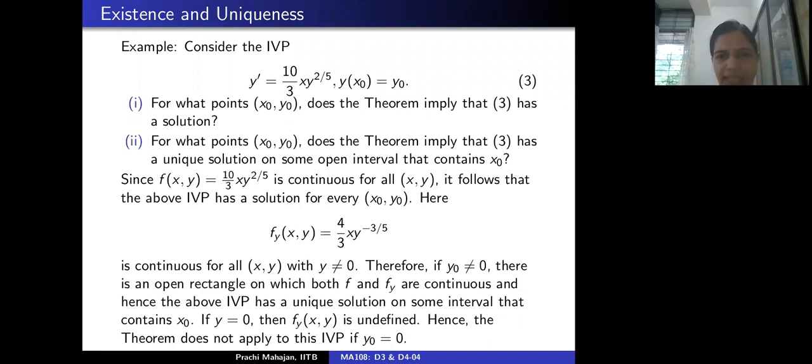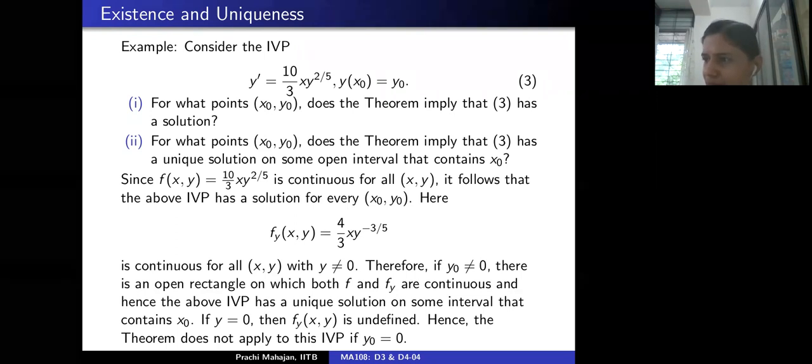What is it? If you do the calculation, it turns out to be 4 by 3 x y to the power minus 3 by 5, right? Evidently, the partial derivative of f with respect to the y variable is continuous for all points x and y as long as y does not assume the value 0, correct? Is everybody with me up till this point?